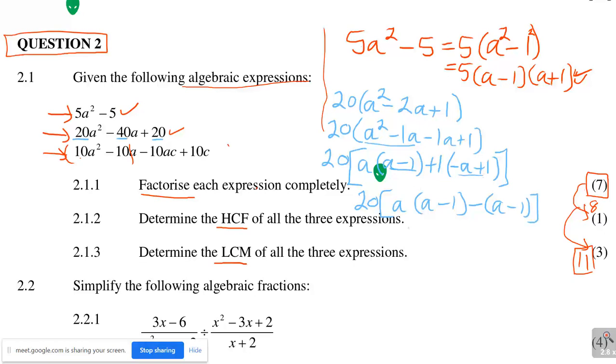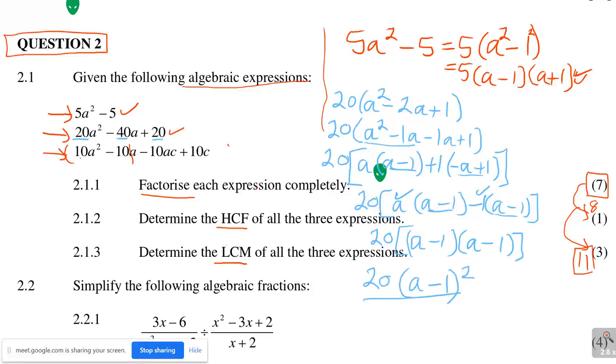You see that? Then continue with your 20. You've got now your a minus 1 inside the bracket. But remember, always put a 1 there so that you can see what is outside. Outside the bracket is a minus 1. So how many do you have? You've got 2 of them, which is 20 times (a minus 1) times (a minus 1), which is (a minus 1) squared.